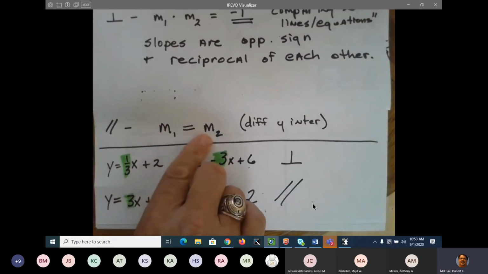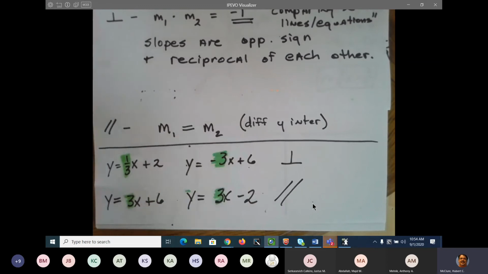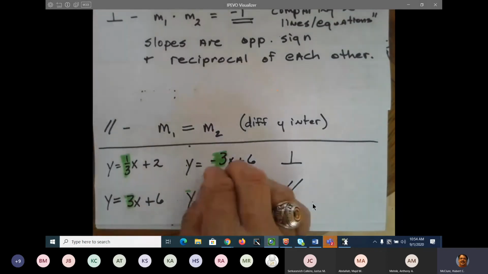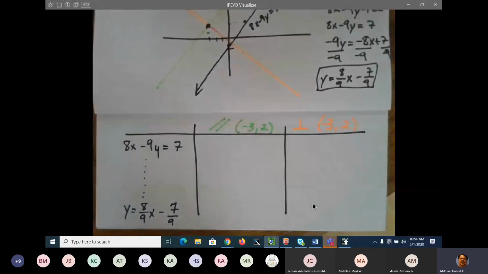For parallel line, Ms. Sanchez, you said negative. That would be for the perpendicular. What are the slopes of parallel lines supposed to be? The same. So what is my green slope going to be? My green slope is going to be 8/9, Hubert. That's right, class. Good job.